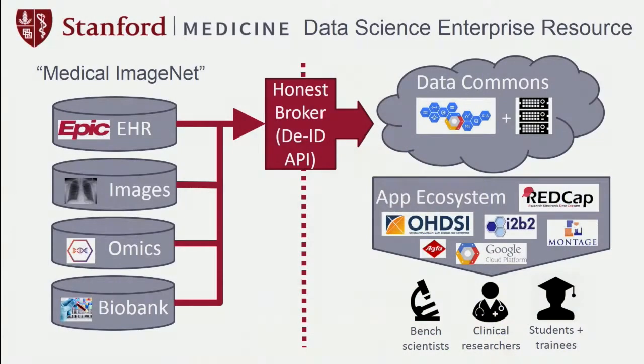And we are in the process of migrating a copy of that to the cloud where it can be merged with these other forms of data: the electronic health record data, so your standard medical record data, omics, genomics, proteomics, biobank, tissue bank information. Those are de-identified, but in a way that they can be linked and used for research. We have that as part of a data common.